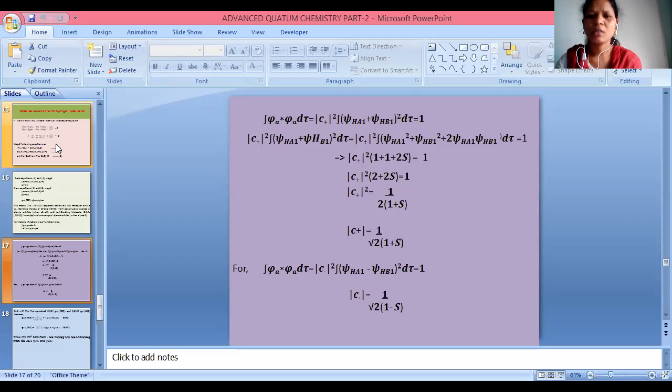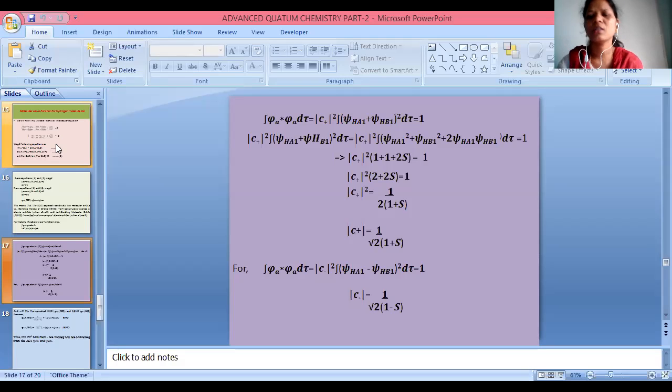That means C plus whole square is equal to 1 by 2 into 1 plus S. Or if you remove the square, you get C plus equal to 1 divided by the square root of 2 into 1 plus S. Now, similarly, what is C minus? That is due to destructive interference.